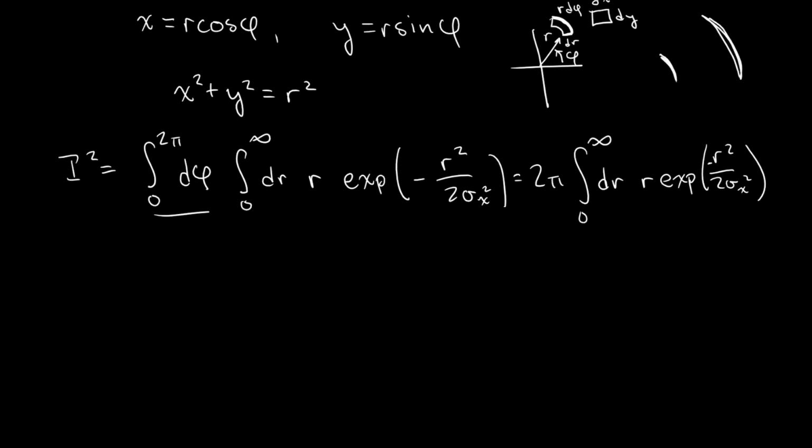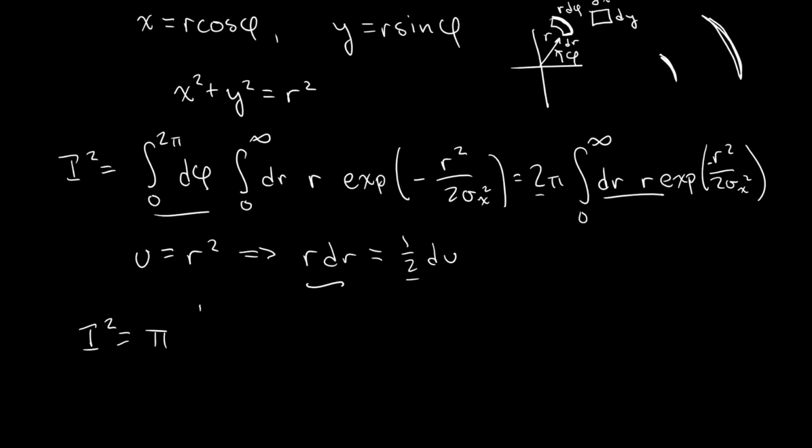So now we just change our integration variable. Do a u substitution, as I call it. I'll plug in u equals r squared, which means that r dr is 1/2 du, right? r dr shows up there, so I just plug in 1/2 du, and I get something like just pi, because the 1/2 kills the 2.